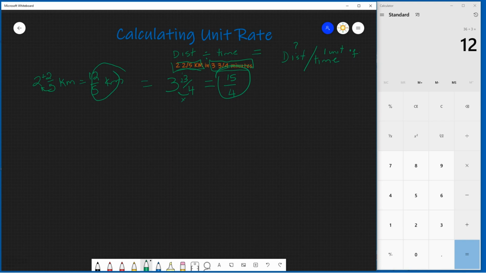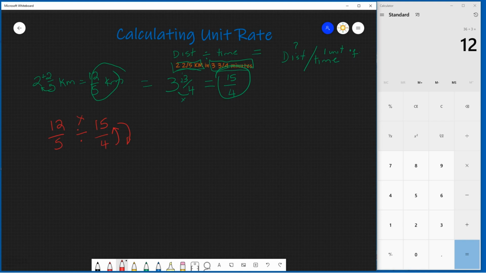So we have 2 expressions we're working with. Our next step, we'll go 12 over 5 kilometers divided by 15 over 4. A very basic rule in math: when we have to divide fractions, we just invert and change the sign to multiplication.